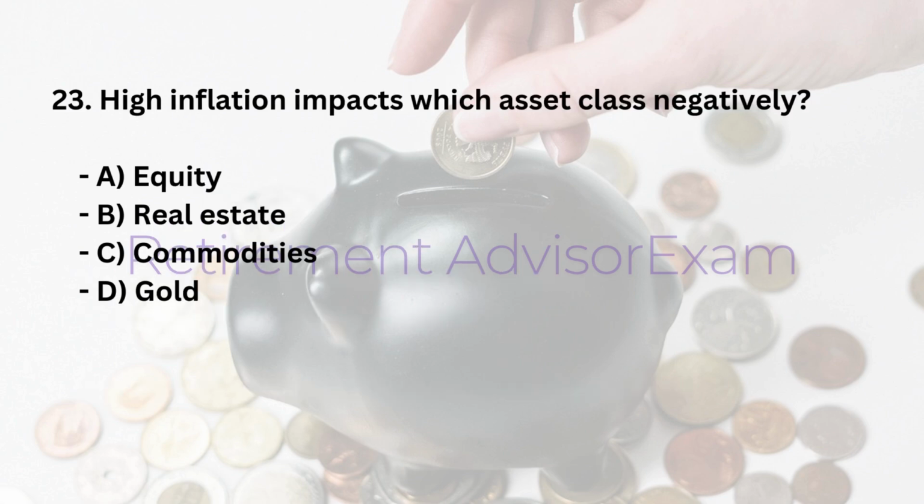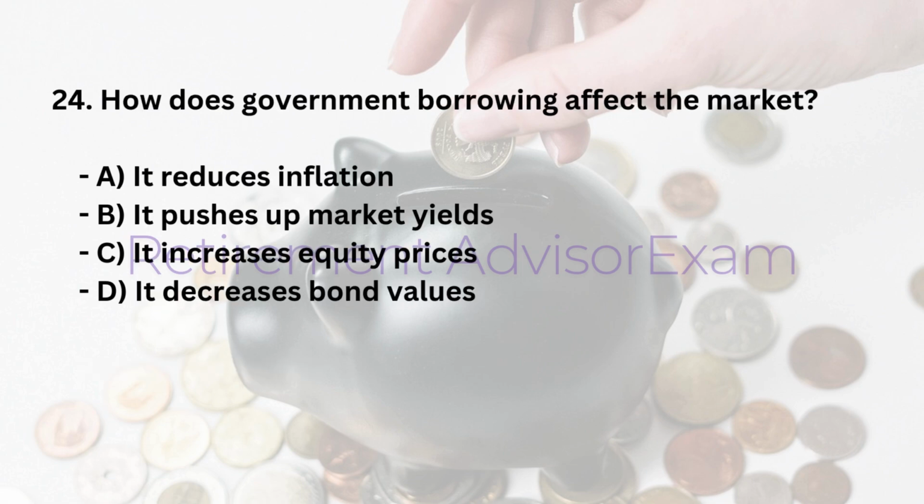23. High inflation impacts which asset class negatively? A. Equity, B. Real estate, C. Commodities, D. Gold. Answer: A. Equity. 24. How does government borrowing affect the market? A. It reduces inflation, B. It pushes up market yields, C. It increases equity prices, D. It decreases bond values.